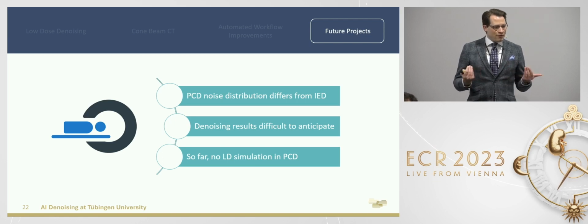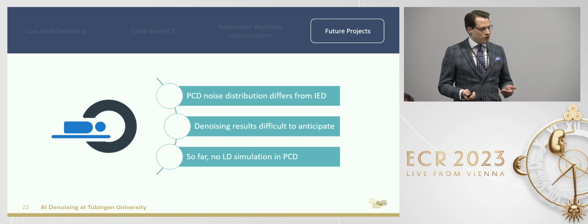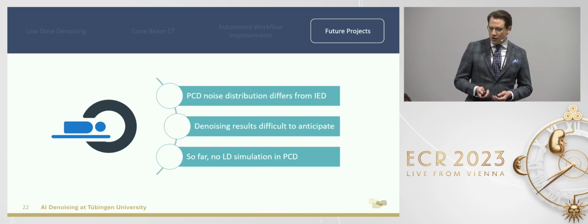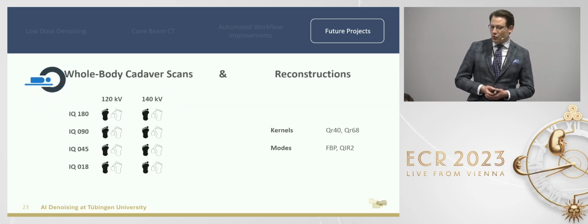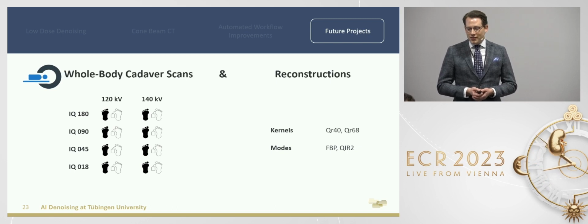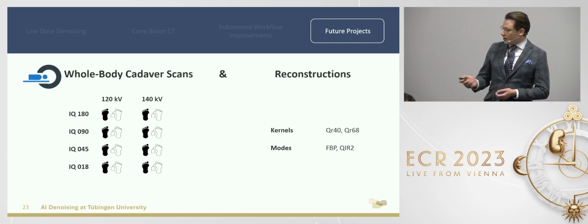But what do we have? Of course, we have the capacity. So we thought about what we should do to get to know it. This is where we did some brainstorming, and we did some whole body cadaver scans at different radiation dose levels. This is what the IQ levels are for.